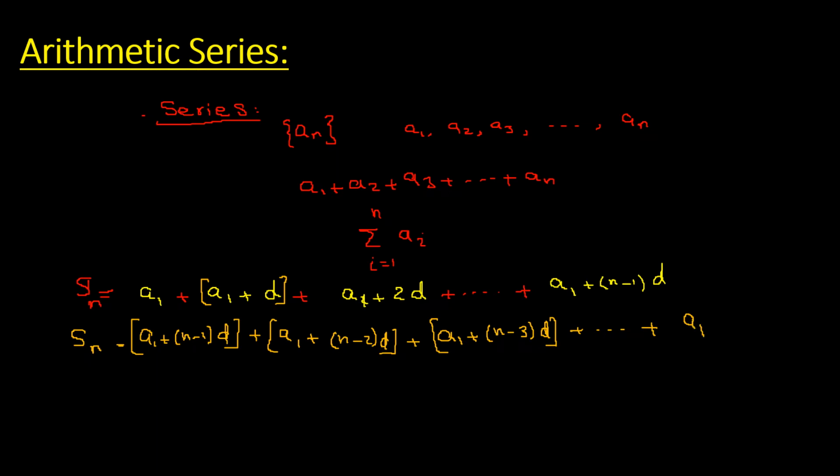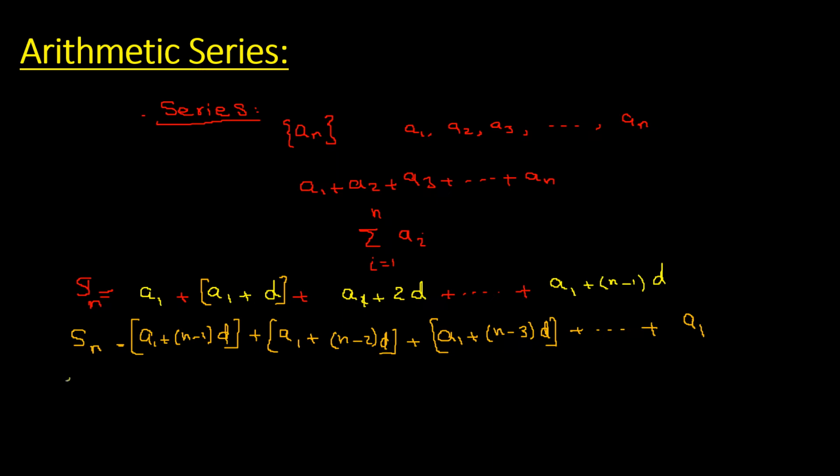Now you can see that if we add the first to the first, we get 2a1 plus n minus 1 into d. Moreover, if we add the second to the second, we get the same expression: a1 plus a1 is 2a1, and d plus n minus 2 into d makes n minus 1 into d.